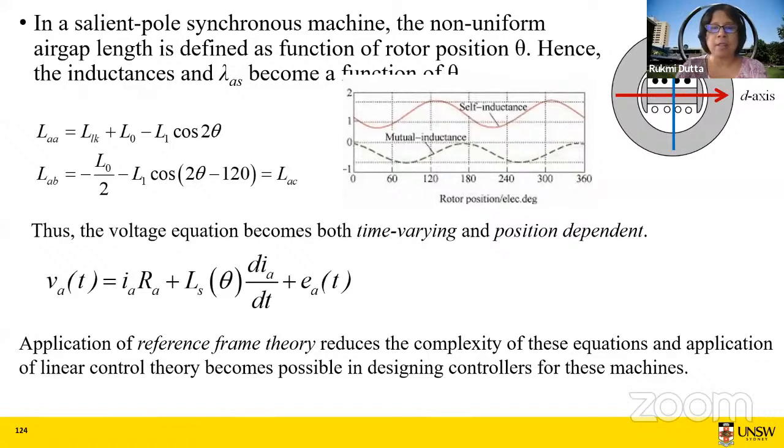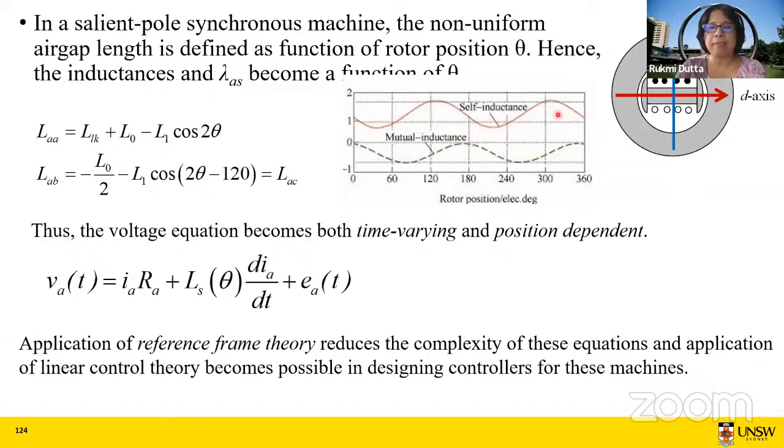So if we measure the self and mutual inductance of a salient pole machine and plot it against the rotor position, theta, you will see this variation for both self-inductance and mutual inductance. You can notice that they will have a DC average value.